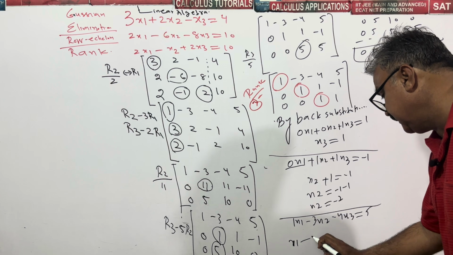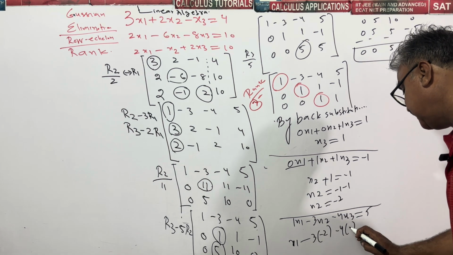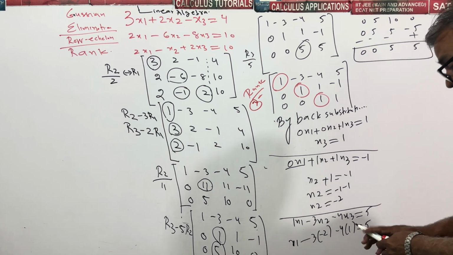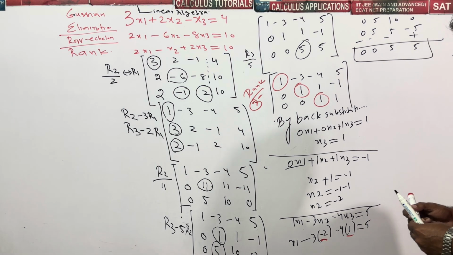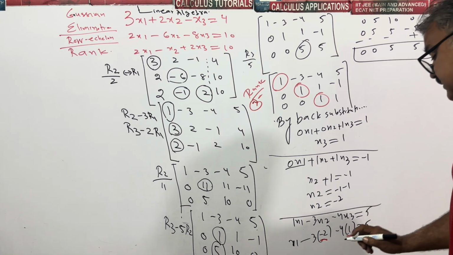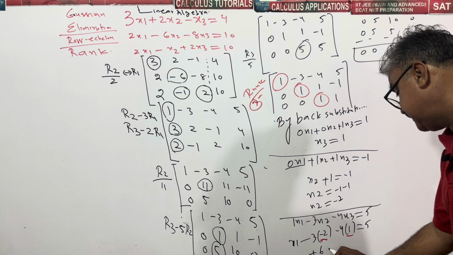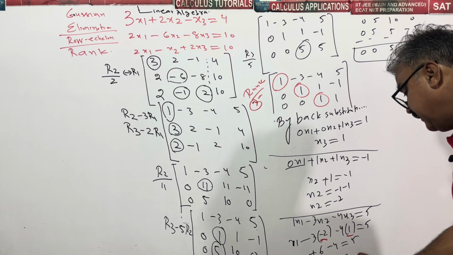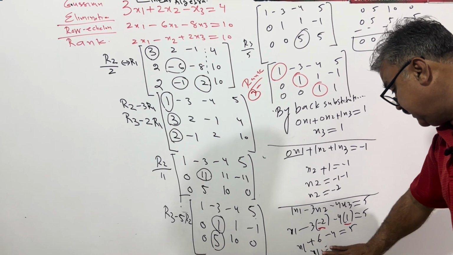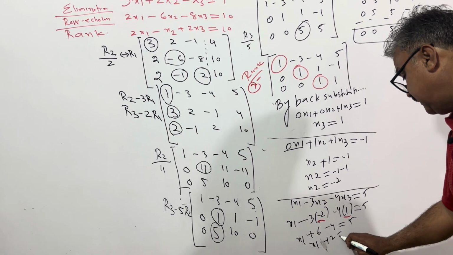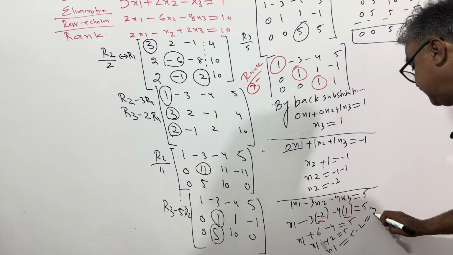Utilizing them, x1 minus 3 times minus 2, negative times negative becomes positive 6, minus 4 is equal to 5. So x1 plus 2 is equal to 5, or x1 is equal to 5 minus 2. 5 minus 2 means 3.